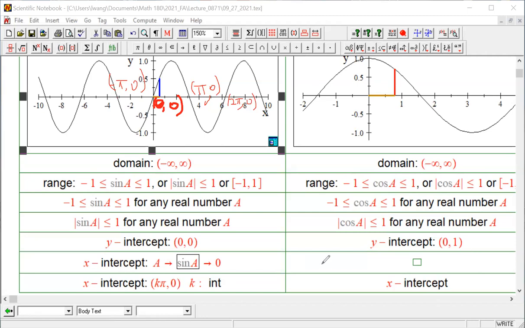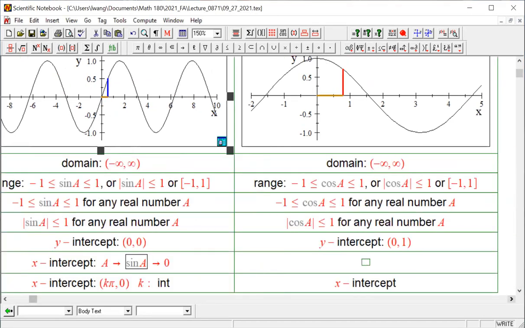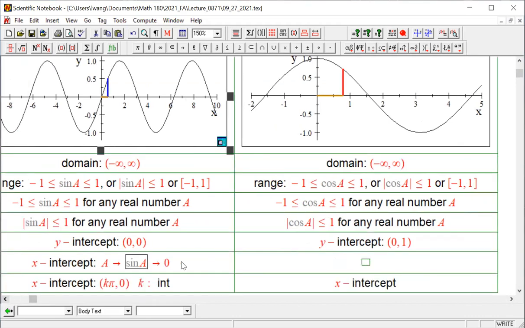Right? So let's look at cosine. Are we good? For cosine, the issue is the same. The only thing is the rule is different.